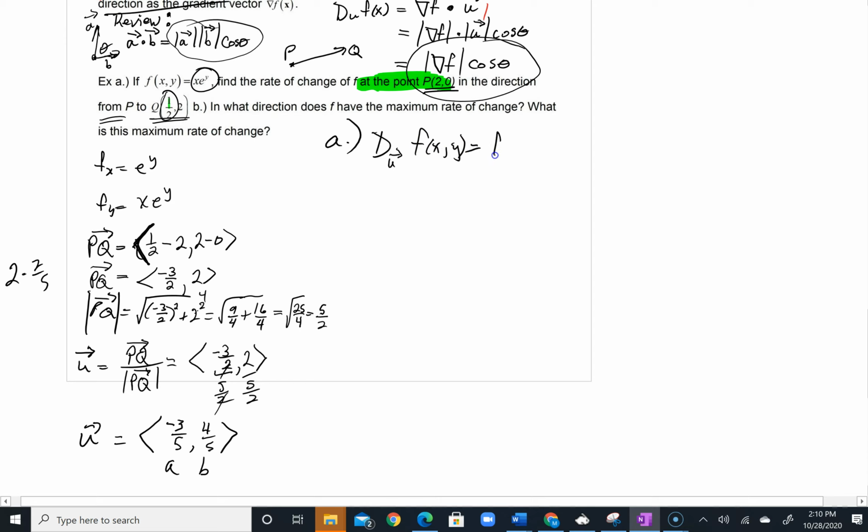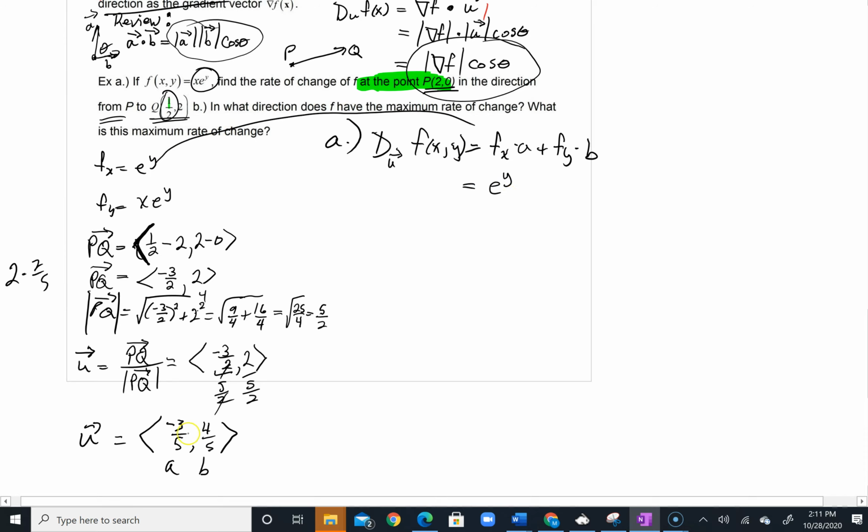What is that? That's f sub x, the derivative of f with respect to x, times a, plus f sub y, the derivative of f with respect to y, times b, plugging in a, b. And we already found f sub x, that was e^y.